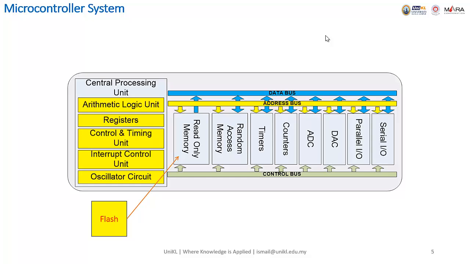Another advancement is in the read-only memory. The first one is what we call one-time programming, OTP. Normally it is programmed at the factory: we give the program to the manufacturer, then it is programmed for us.